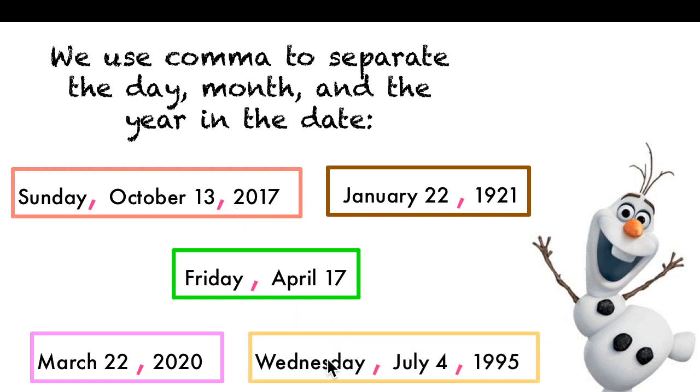And one more time, Wednesday, July 4th, 1995. Again, we're using two commas because we're separating the day from the month. The number is included with the month, and the month we're separating from the year.